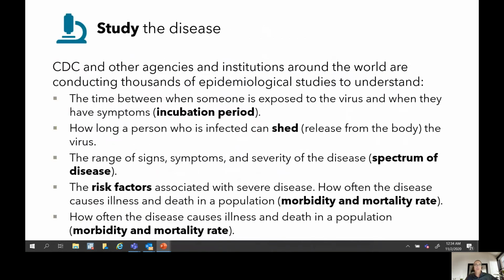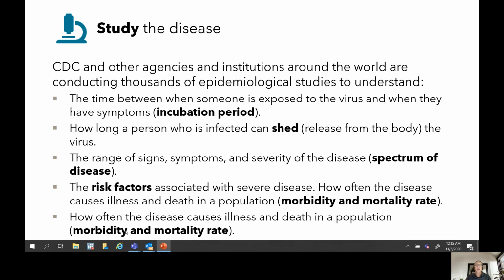And then the third step was really studying the disease, so that CDC and other agencies and institutions around the world are conducting thousands of epidemiologic studies to understand the time between when someone is exposed to the virus and when they have symptoms, which is the incubation period, how long a person who's infected can shed the virus, and the range of signs and symptoms and severity of disease, the risk factors associated with severe disease, and also how often the disease causes illness and death in a population.